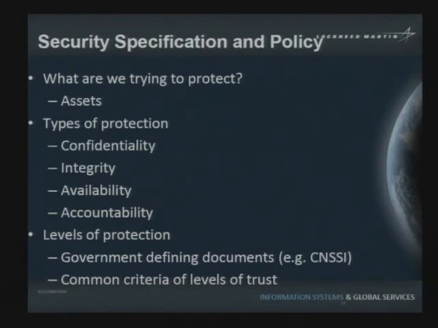People will bring in the idea of how do I account for how it's used and how do I make people accountable for what they've done on the system. And they wait until the end, to the deployment, to figure this out. The earlier you do that, the better, and you should address that in your system specification and policy. And then your customer is going to have a number of defining documents that you have to consider.